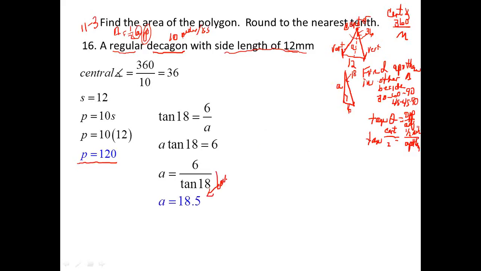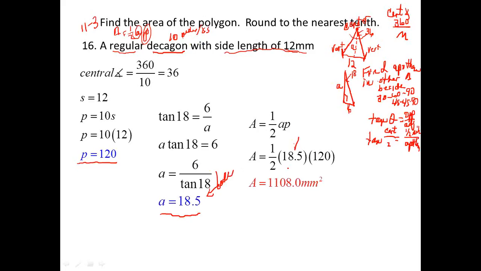This is the calculator. I would leave tangent of 18 in and just let the calculator do it at the end. But if you want to keep track of the numbers, you're welcome to do that. It could cause some round-off error. So that gives me the apothem, the second thing I need. Now I've got the formula, 1/2 AP. Depending on this, your answer could vary from here.